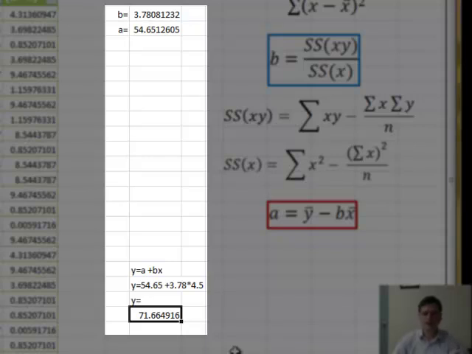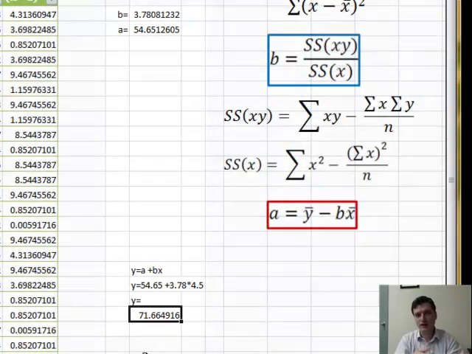That will be 71.66 points. So a student who studies 4.5 hours for an exam, which is low by the way, you should study more in a week, will be predicted to get 71.66 points. And if you really are satisfied with 71 points, then you should study only 4.5 hours.